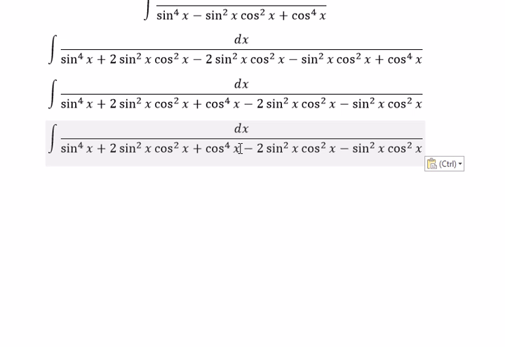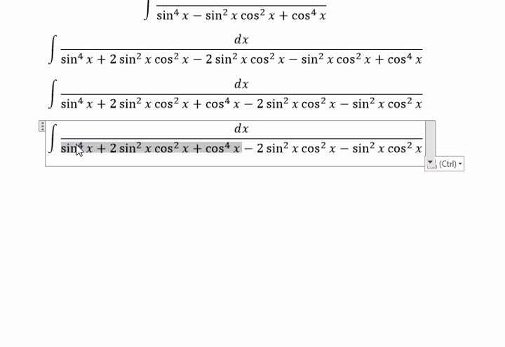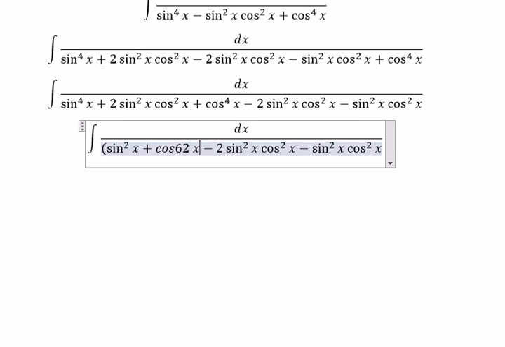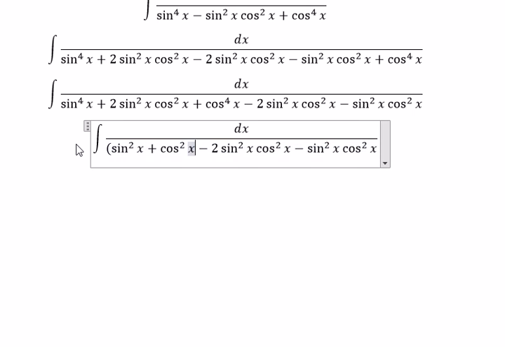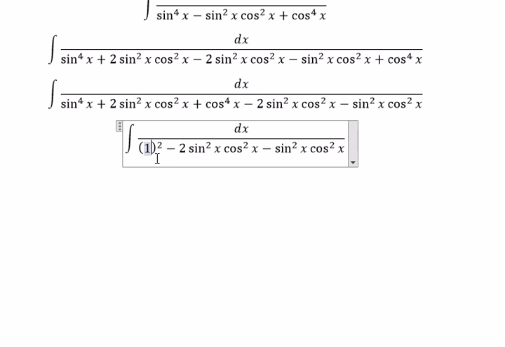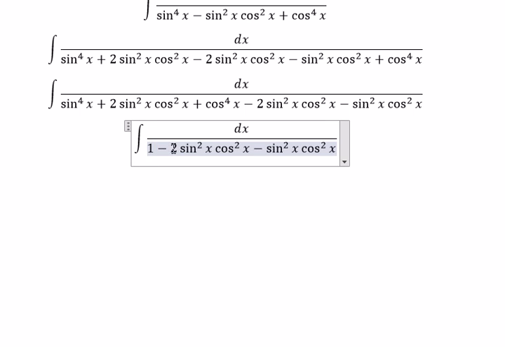So for this one, we can change it to sine s square plus cosine s square to the power of 2, and this one we can change into number 1, and this is number 1, negative number 2, negative number 1, you get negative number 3.